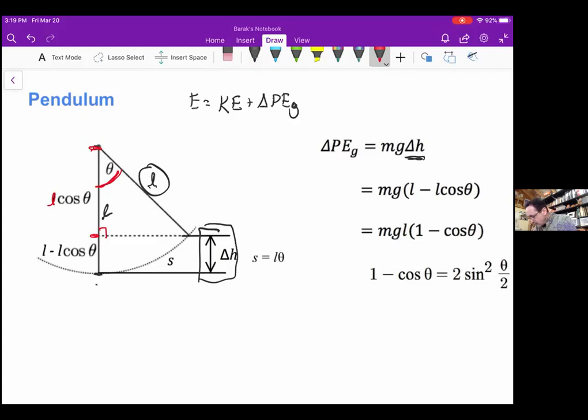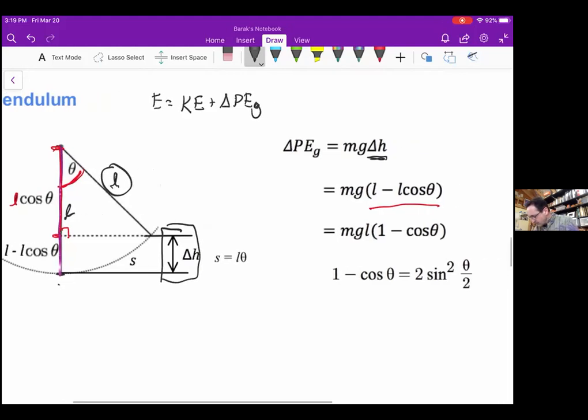So if the whole thing is L and this particular side length, the red bit, is L cosine theta, then delta H is given by L minus L cosine theta. Make sense? That gets put into here in place of delta H, and we can factor out the L, and we get mgl times 1 minus cosine theta.